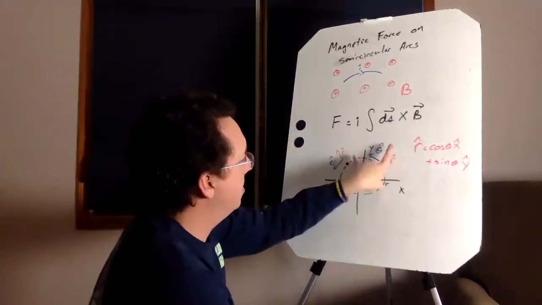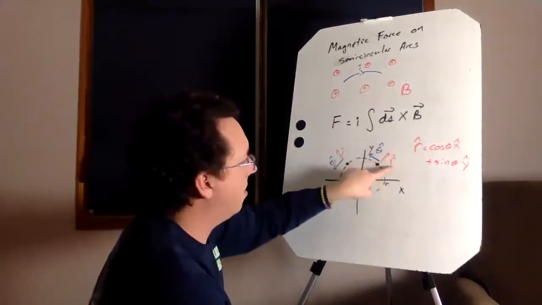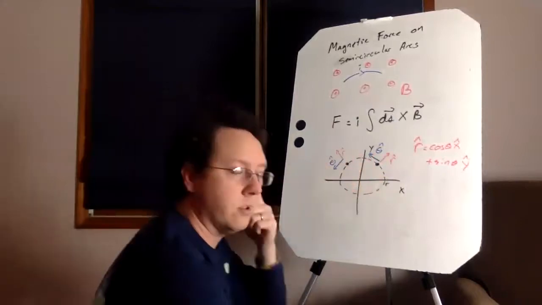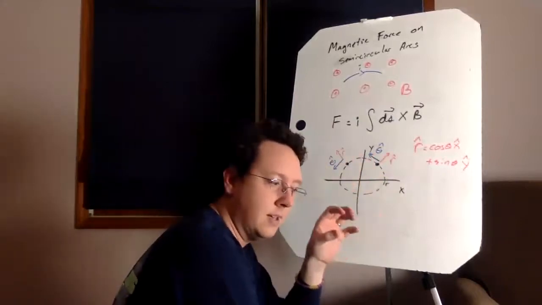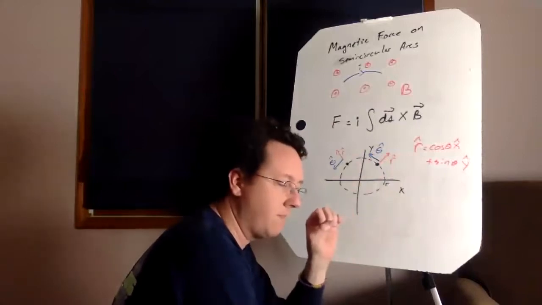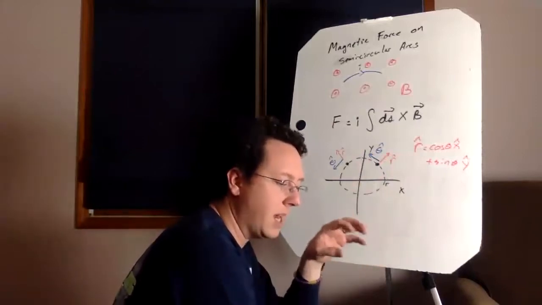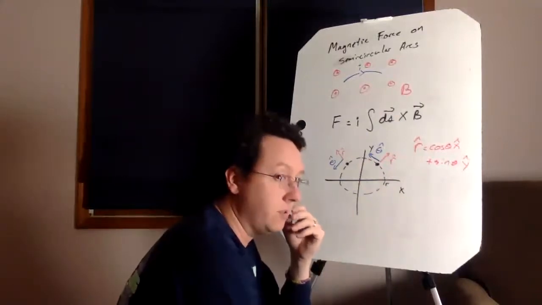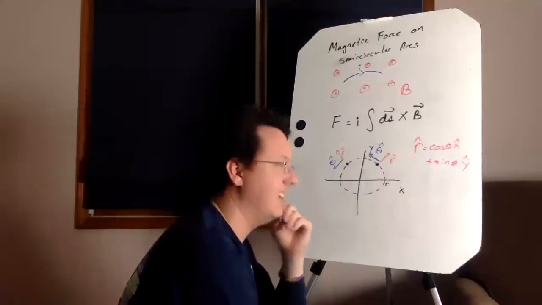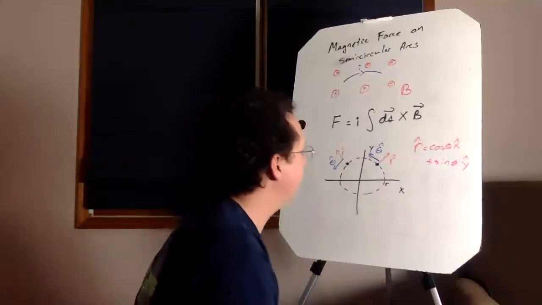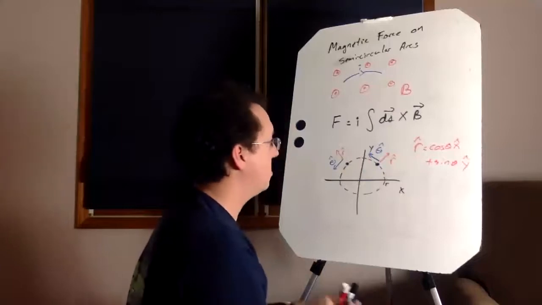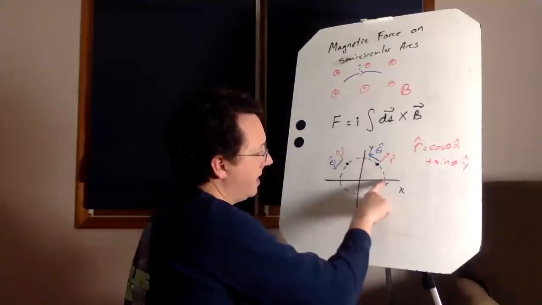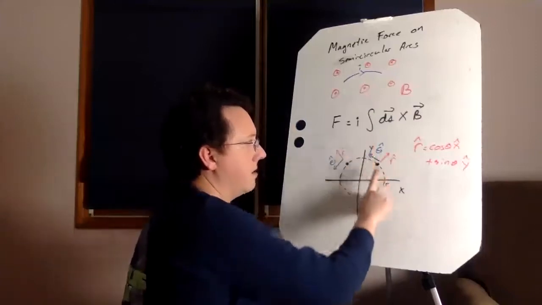The other thing we notice is that just as r hat depends upon theta, we expect theta hat to depend upon theta. So there, it's a little tricky. You have theta, the coordinate, and we have theta hat, the vector. And for those of you in dynamics, we also have theta vector, which points in the third direction. So don't get them confused. Keep it straight in your mind. What I see is that when theta is 0, if you're standing along the x-axis, theta hat points in the y direction.